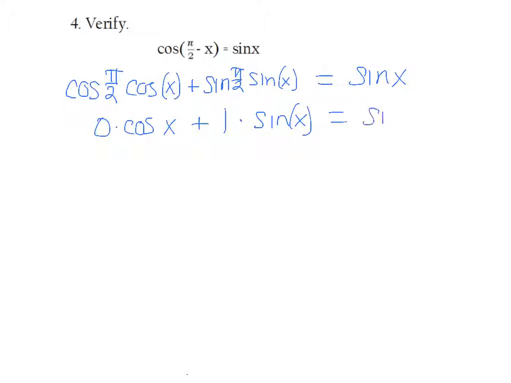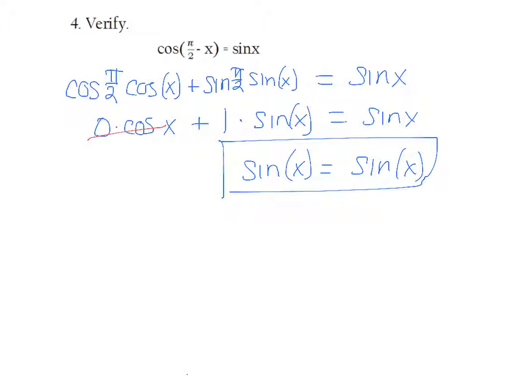It's supposed to equal sine x, which it will, because 0 times cosine x is going to cancel out, and 1 times sine x is just sine x. We've got it. Sine x equals sine x. Again, boxing that in, but the real answer is in the work.